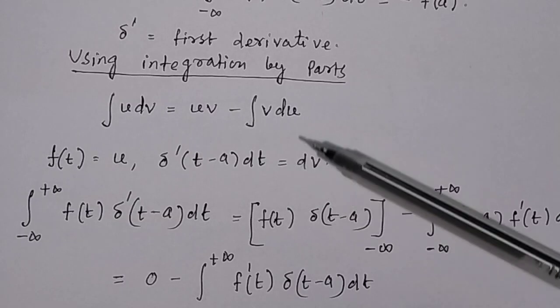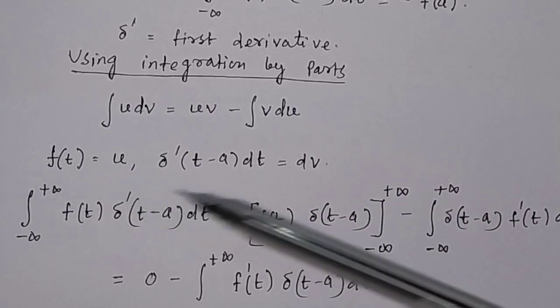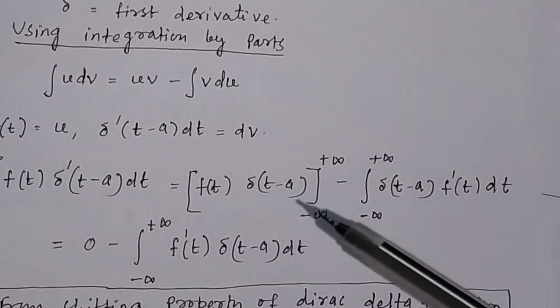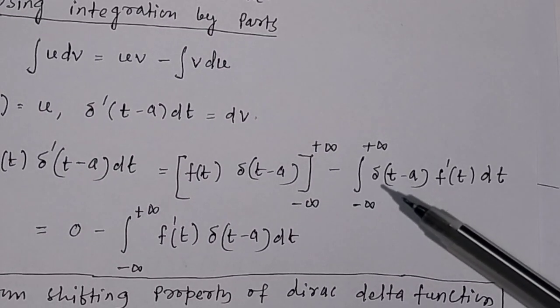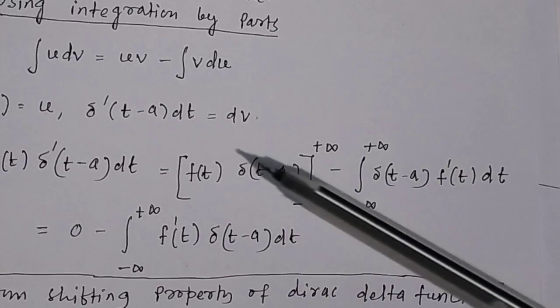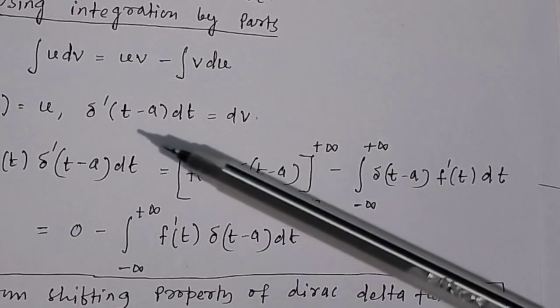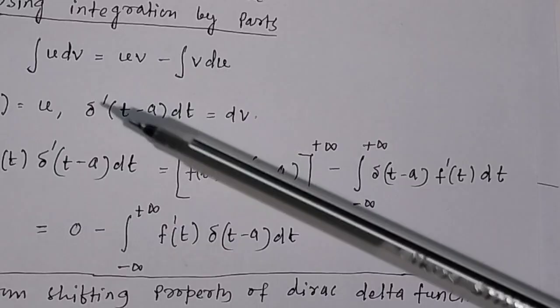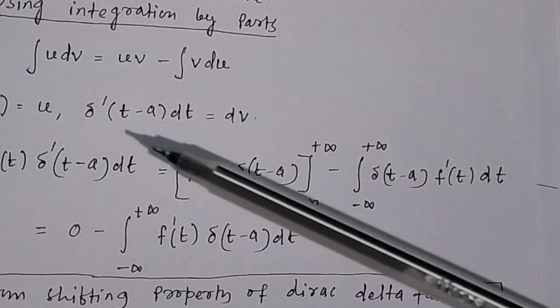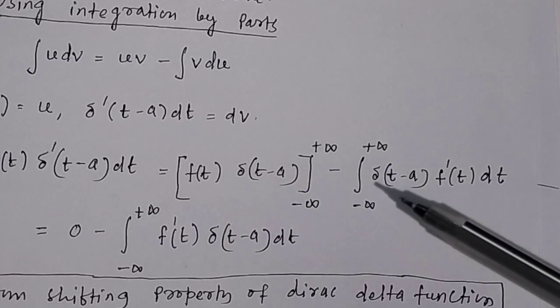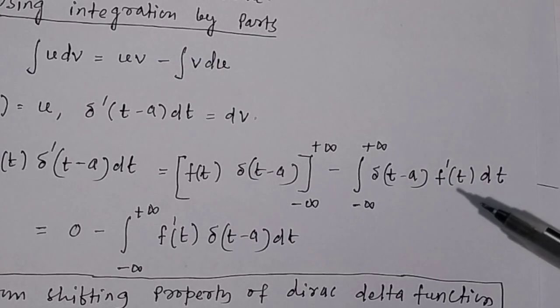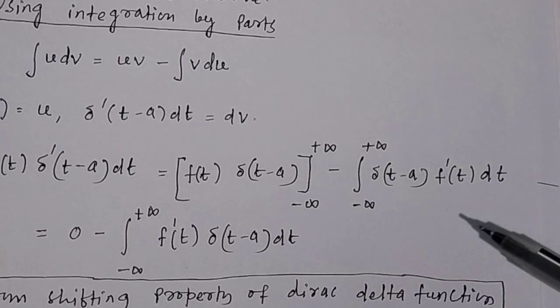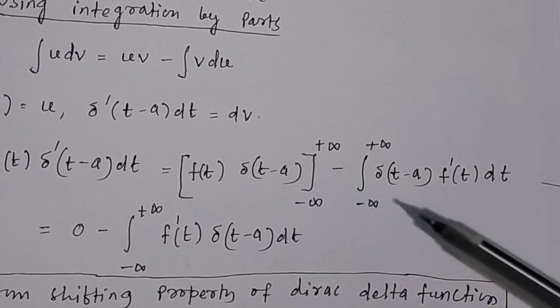And what is du? f dash t dt. So the second term will be v, that is delta (t minus a), because delta dash dt is dv, so v is the integration of this. The first derivative integrates to the function itself, that means delta (t minus a), and du is equal to f dash t dt.